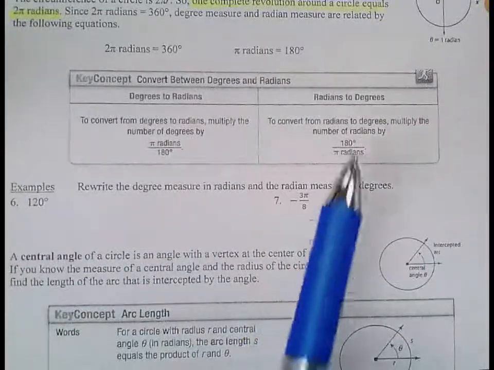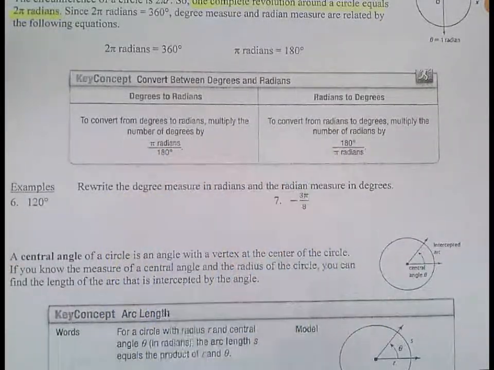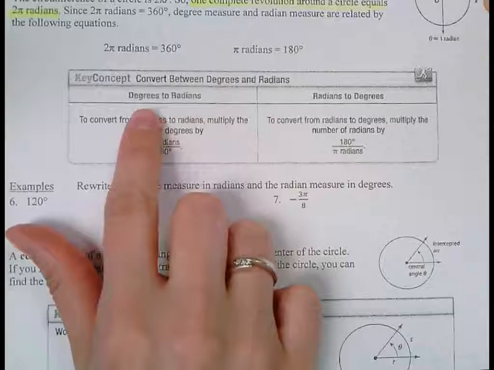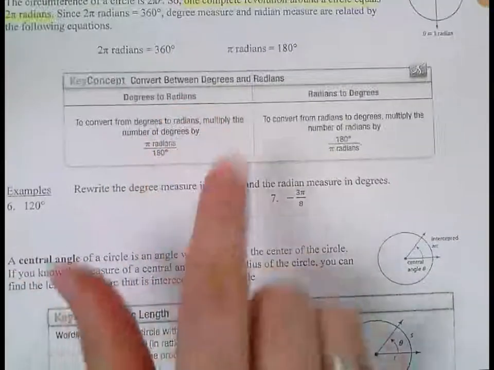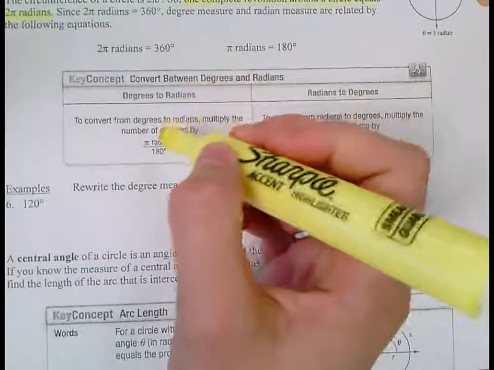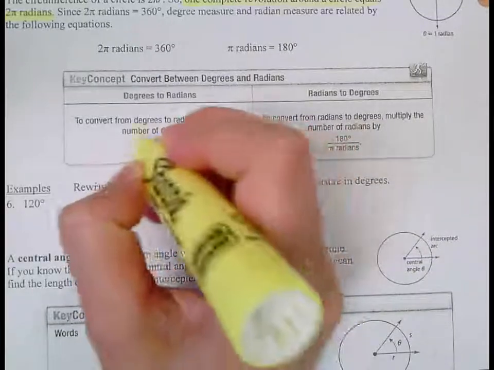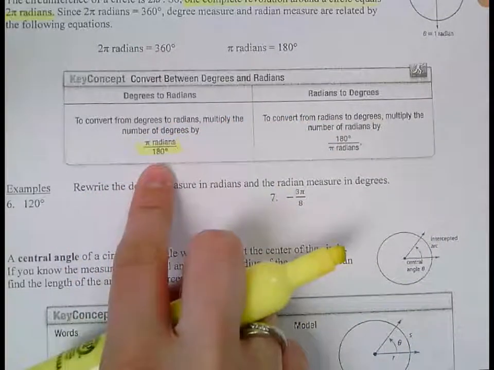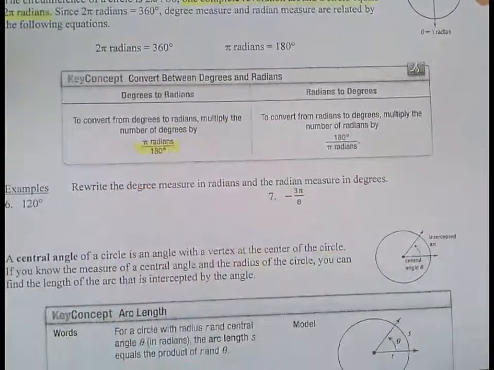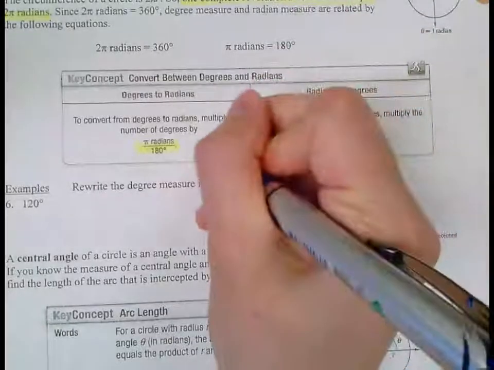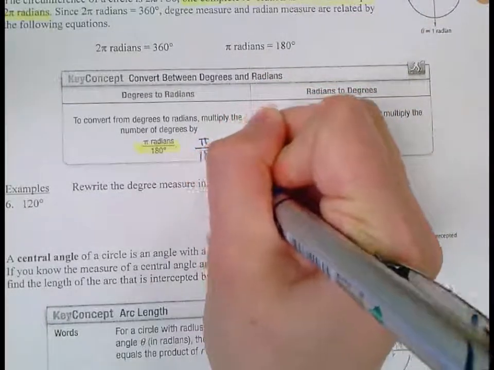So these are the formulas, the conversions I should say, that you would use to go between degrees and radians. If you want to go from a degree measure to a radian measure, you would multiply the number of degrees by pi radians over 180 degrees, or just simply multiply by pi over 180.